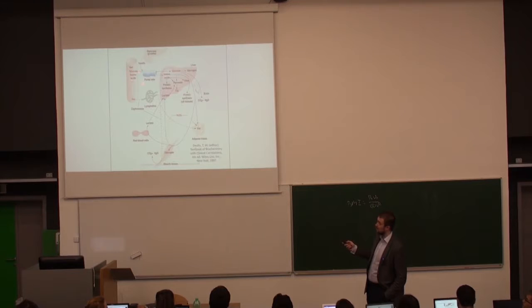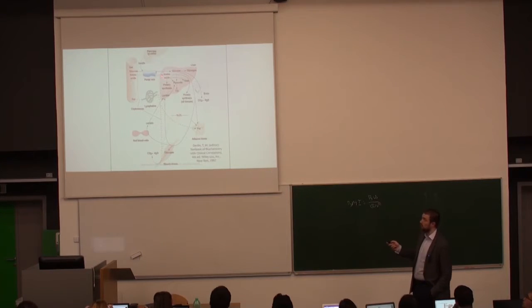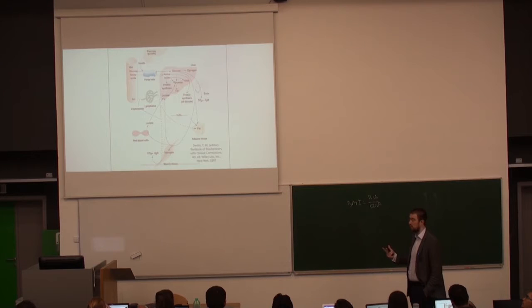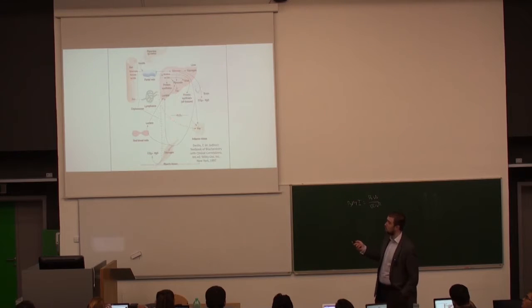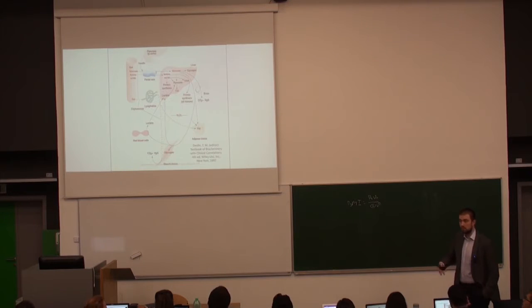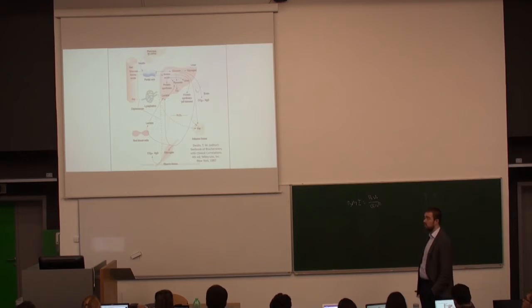For amino acids, the story is quite similar. They will go through vena porta to the liver cells, and here you can do also some things with it. First, you will synthesize the proteins that were degraded during the period of starvation. There was some degradation of proteins, so you will recover them.